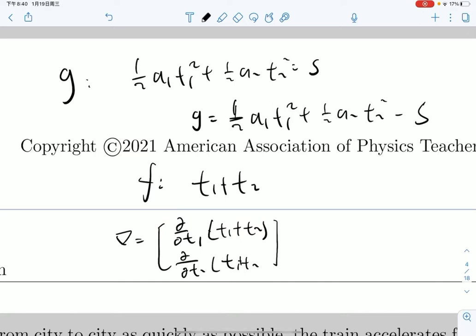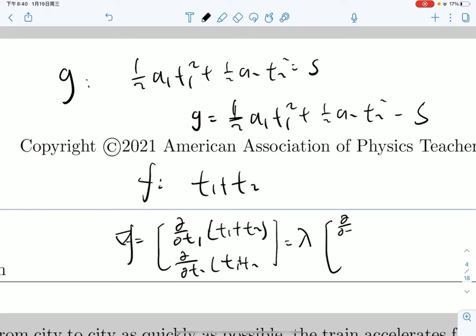This is equal to lambda times the partial derivative of g with respect to t1 and t2. The first term gives a1 t1, and the second term is a2 t2.